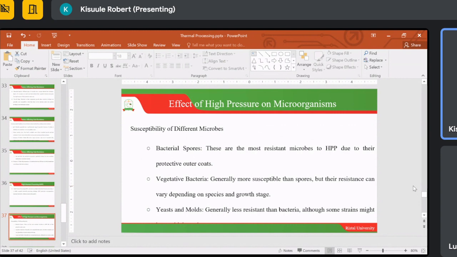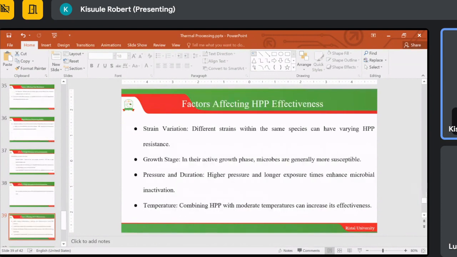Factors affecting high pressure processing effectiveness: one, the strain variation or variant, like I had said. Different strains within the same species can have varying high pressure processing resistance. But also the growth stage that we had talked about, and the pressure and duration of exposure. The higher the pressure and longer exposure sometimes enhances microbial inactivation.